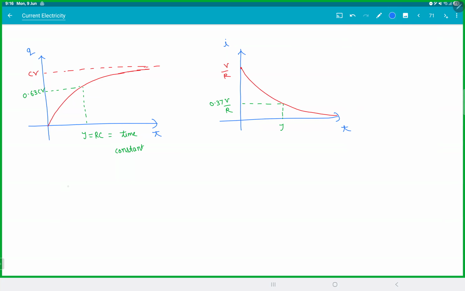So we define this time constant tau as the time taken for the capacitor to charge 63%. If you put an empty capacitor, it charges 63% in one time constant.